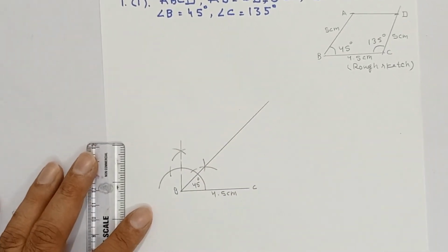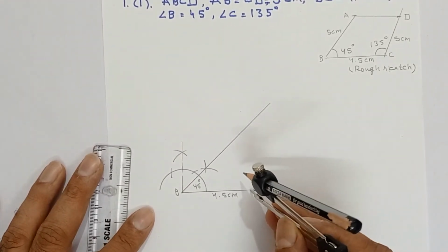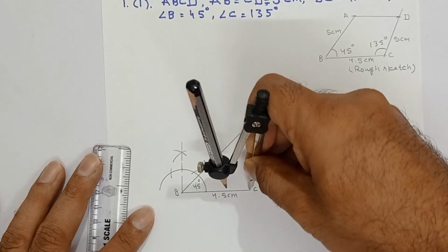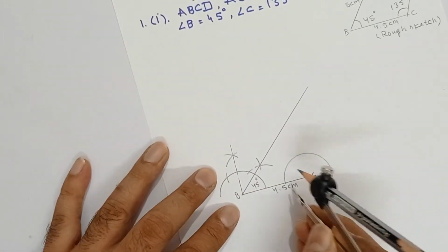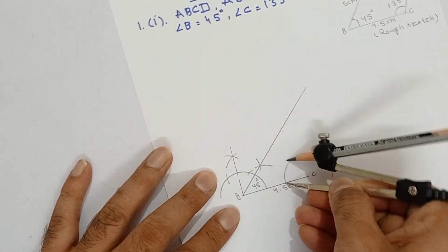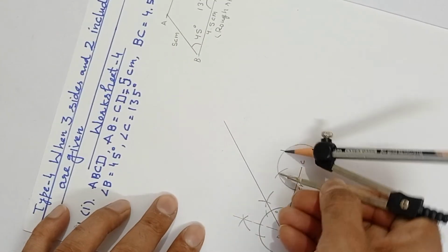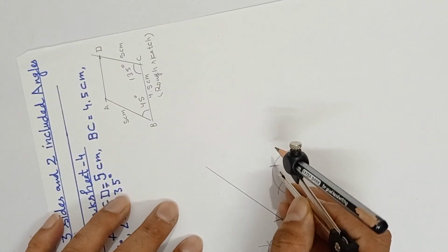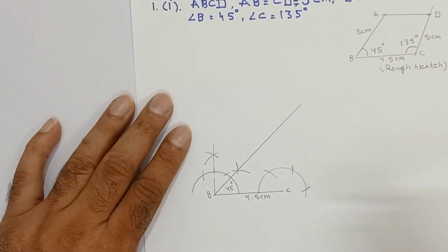Angle B. Angle C is to be made 135 degree. We need to make first 180 degree arcs. This is an arc. From here will come 60. From here will come 120. And from here the third arc will be of 180 degree. Right?